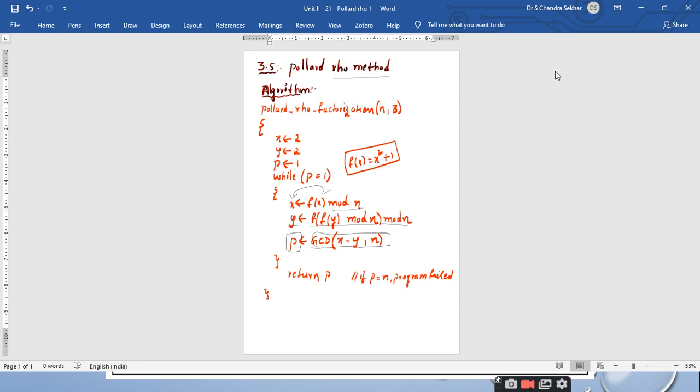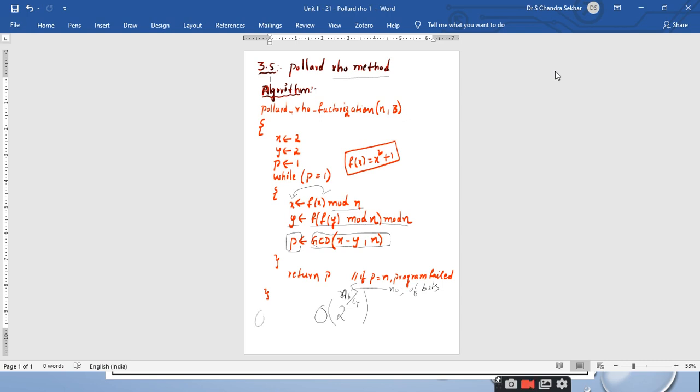Right. So if you observe the complexity of this Pollard RHO method, it is around big O of 2 power nb by 4. What is nb here? Number of bits.